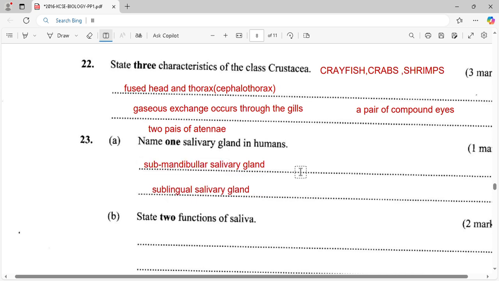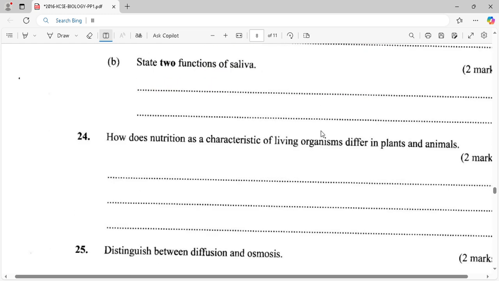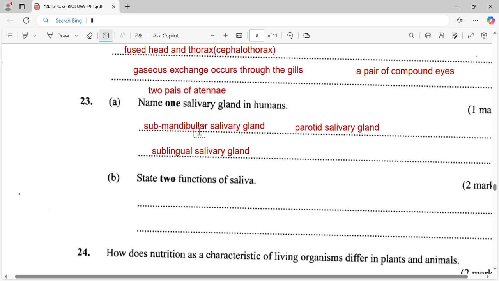Then the last one, which is called parotid salivary gland. So we have three types of salivary glands, that is submandibular, sublingual, and parotid.